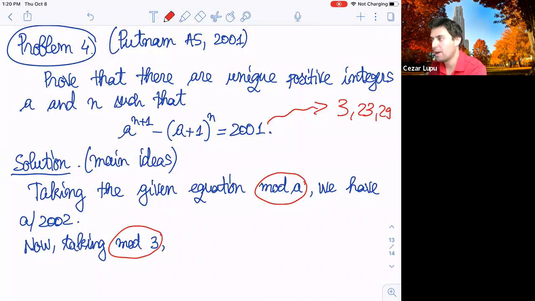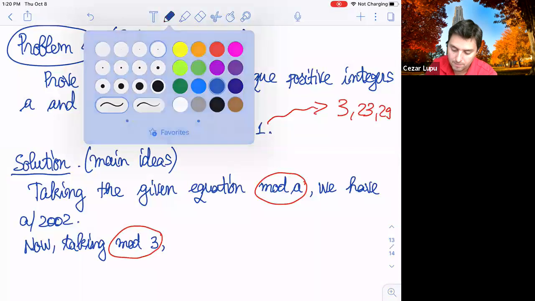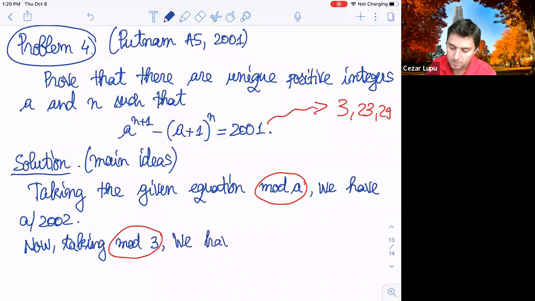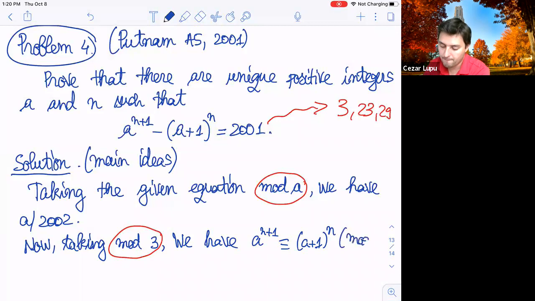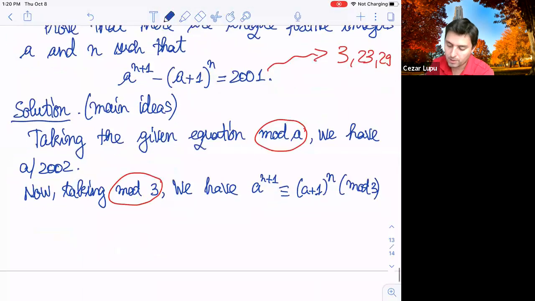I know that 3 divides 2001. So we have that a to the power n plus 1 is congruent with (a plus 1) to the power n mod 3. Okay, that's good to know. So mod 3, these two are equal.